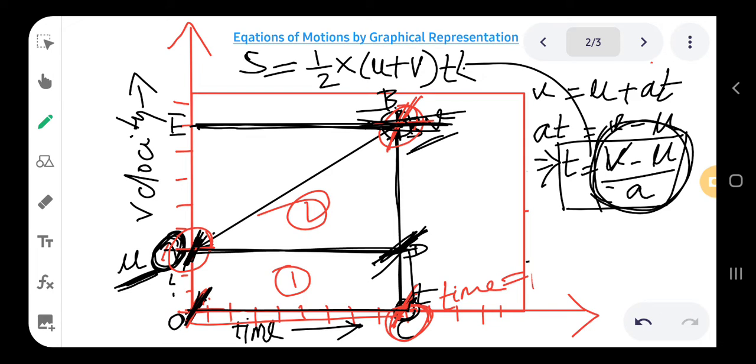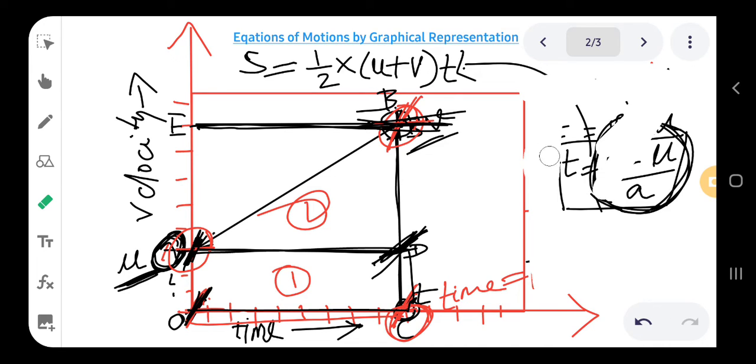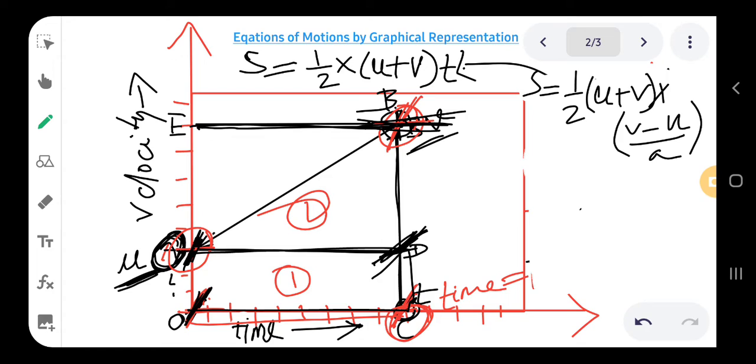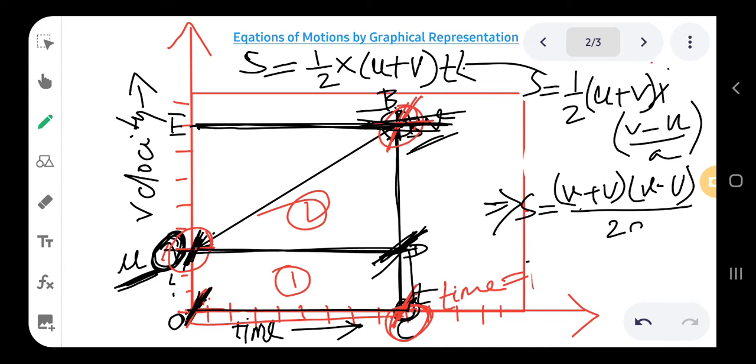Just remember this value, I'm erasing it: T equals V minus U by A. Let's put it in the equation. S equals half into U plus V into V minus U by A. If you solve it, S equals V plus U into V minus U divided by 2A.